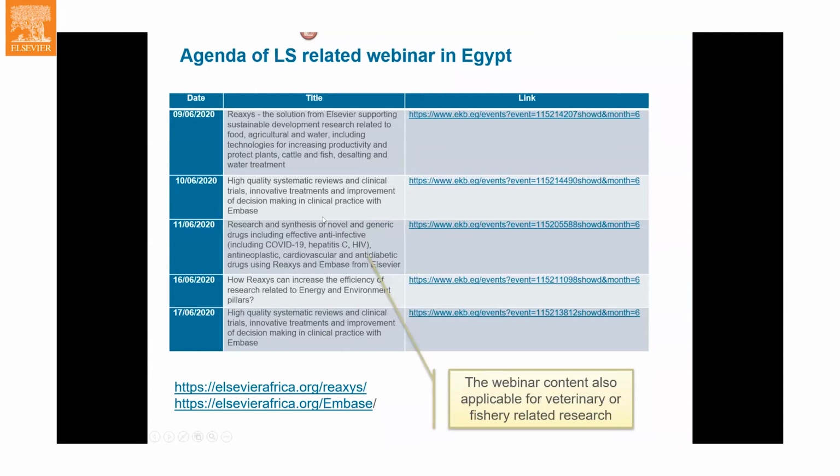What's the difference between today's webinar? Today's webinar is mainly focused on public health, and the next one would be more focused on the clinical trials. But Alexey will explain in more detail the difference.